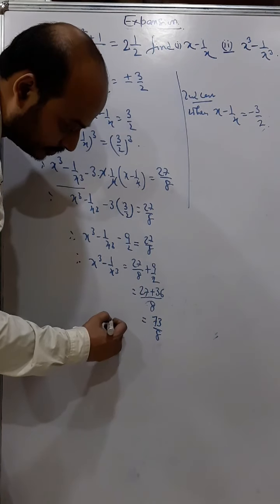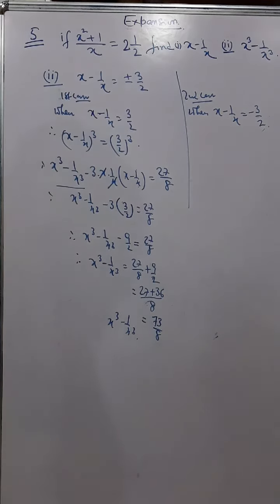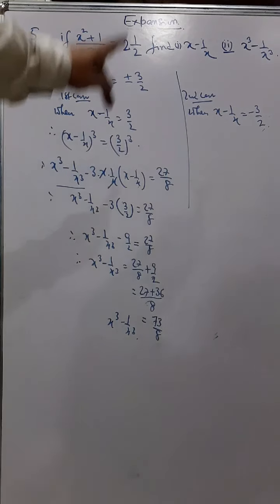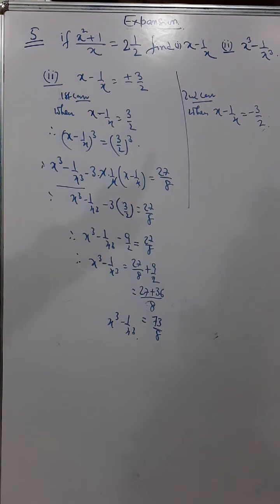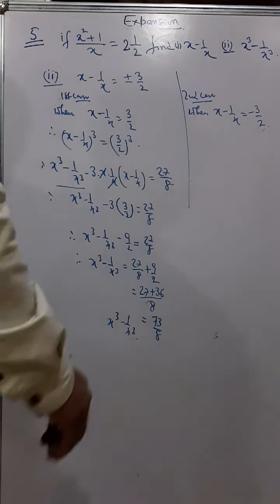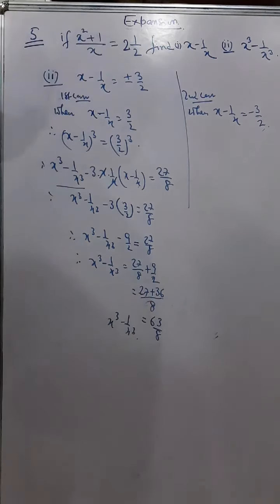Sorry, it's not 73, it's 63. So you get x cube minus 1 by x cube as 63 by 8 when the value is 3 by 2.